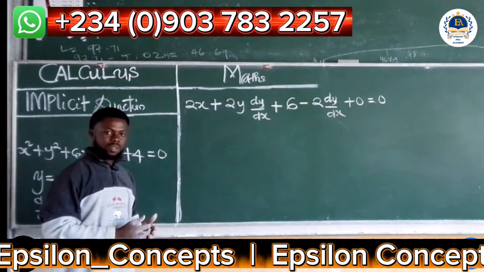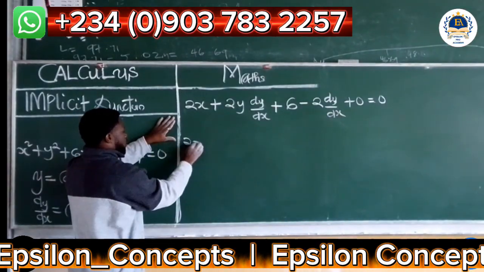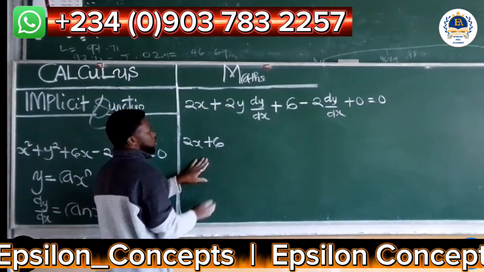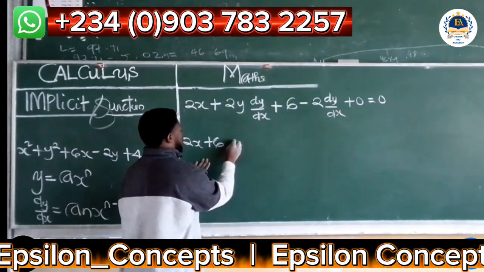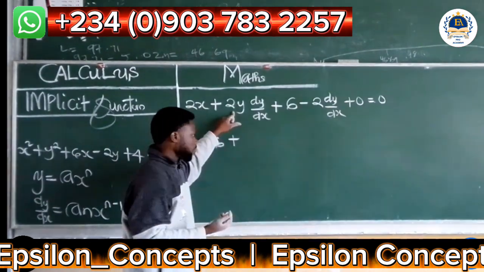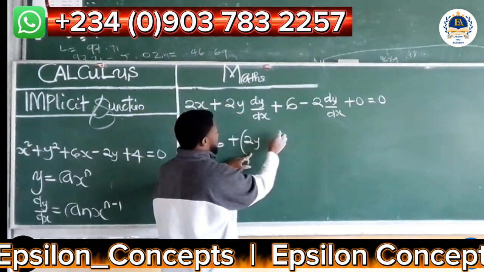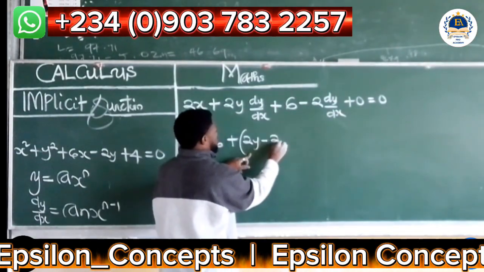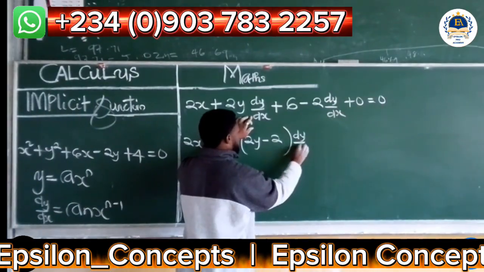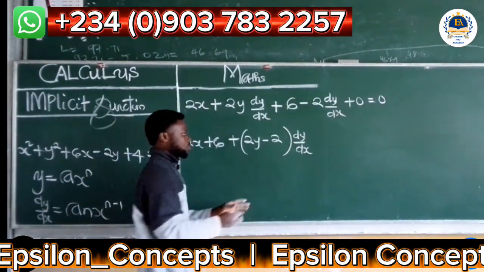Now let's bring the derivation of the x terms together. So that will become 2x plus 6, plus that of y together. So we have 2y minus 2, then dy over dx, and this is equal to 0.